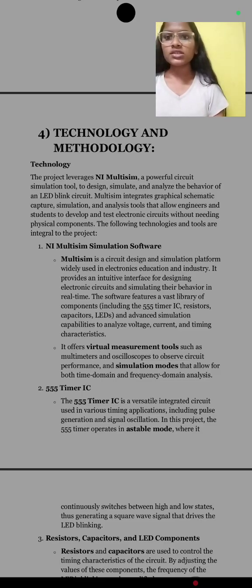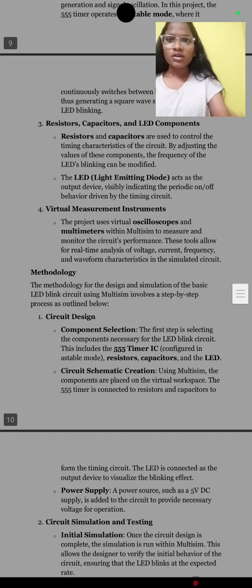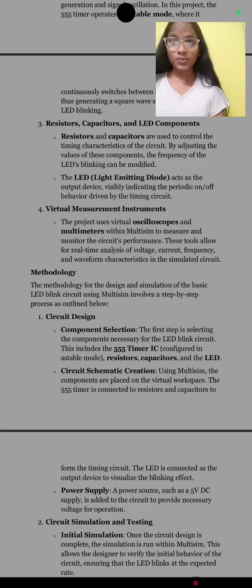Resistor, capacitors, and LED components. Resistors and capacitors are used to control the timing characteristics of the circuit. By adjusting the values of these components, the frequency of the LED blinking can be modified.